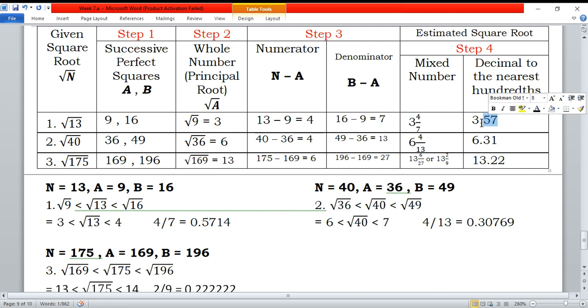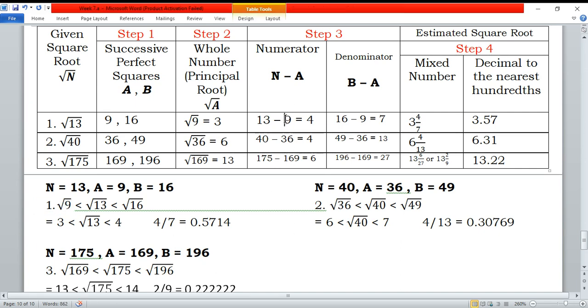Yung 0.57, 0.31, 0.22. Para makuha naman natin yon ay gamitin natin to, n minus a. Ang n natin, ito yung radicand, yung 13. Whereas yung a naman natin, ito, yung radicand ng nasa left side.